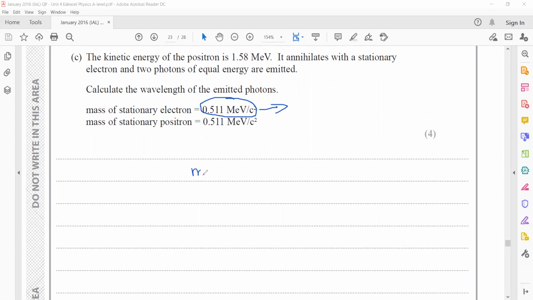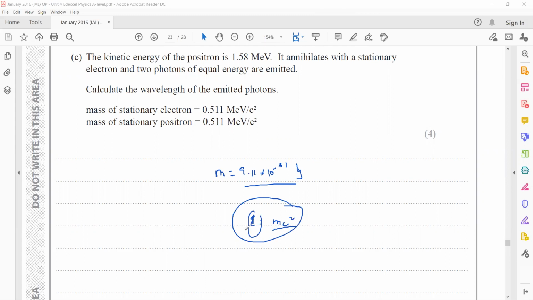Like if the mass was given as 9.11 times 10 to the power minus 31 kg, first you would have to find how much energy: E equals mc squared, and then you will get energy. But what is the advantage of this formula?